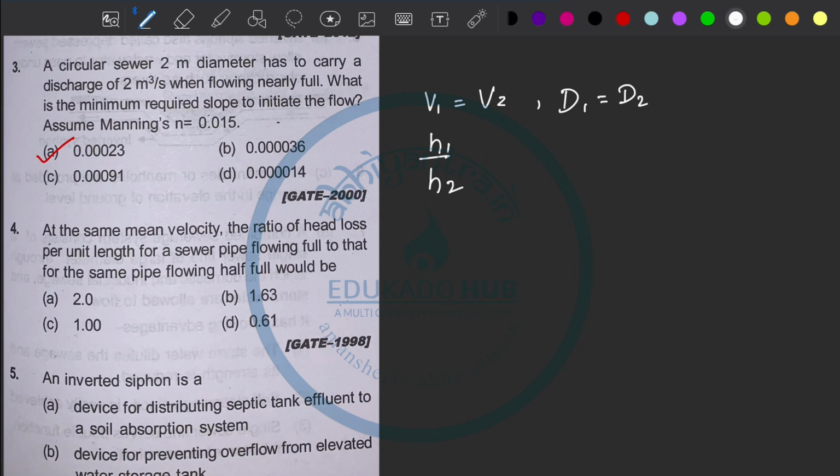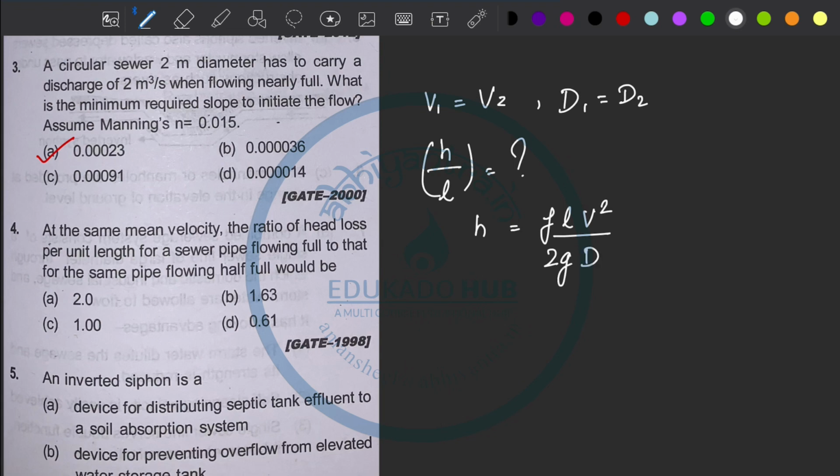They are asking for the ratio of head loss per unit length, that means H upon L, if we divide 1 by 2, what will be the answer? We know the head loss formula is FLV square upon 2GD.